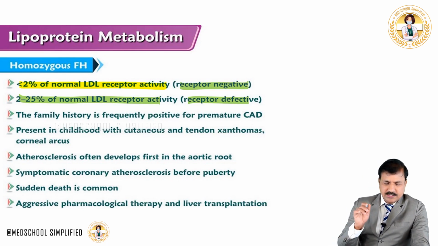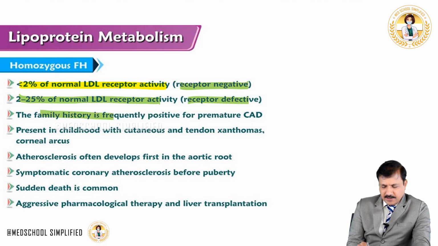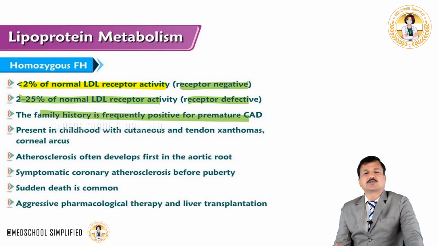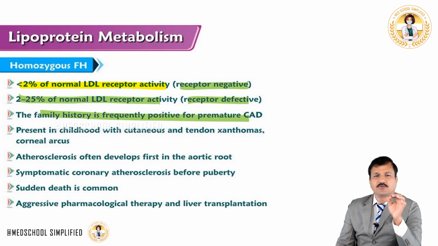And also, since it is running in the family, familial hypercholesterolemia is an autosomal codominant disorder. So there will be a positive family history of premature coronary artery disease running in the family. That positive family history will help in the diagnosis of familial hypercholesterolemia. Remember that.